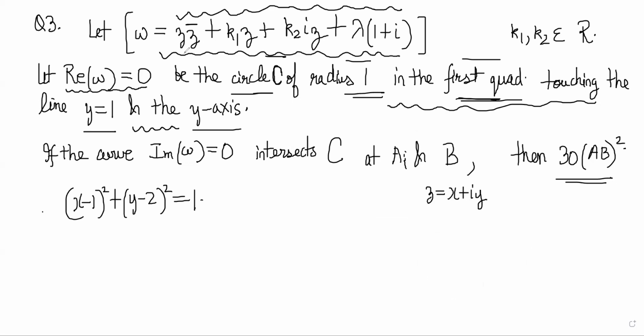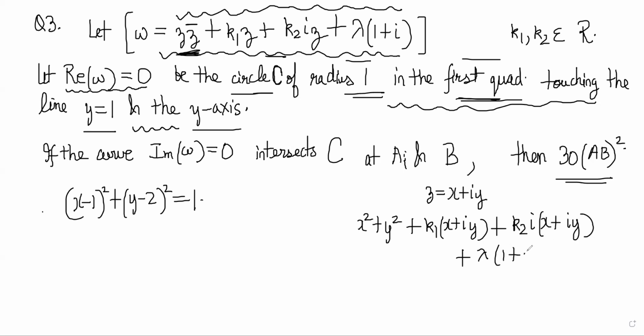If you assume z conjugate will be x square plus y square plus k1 x plus iy plus k2 I times x plus iy plus lambda 1 plus I. I only care about the terms which don't have an I because I have to calculate real part right now, right? Actually, I care about both of them because later in the question I have to calculate imaginary also. So let's collect all the correct terms.